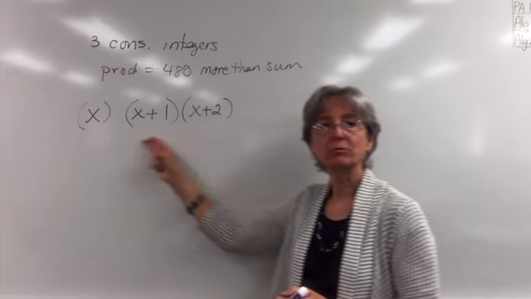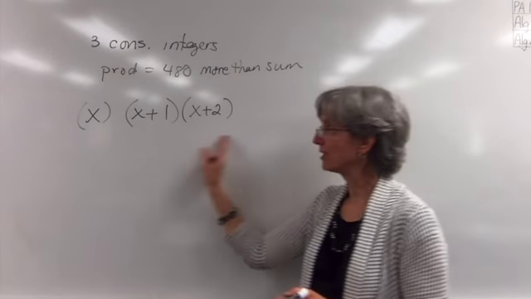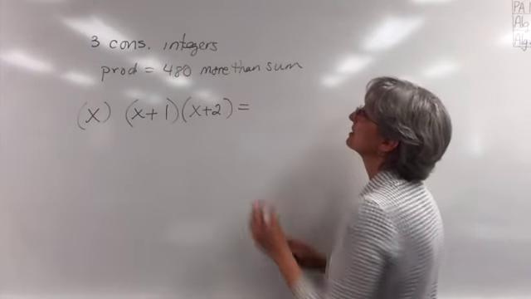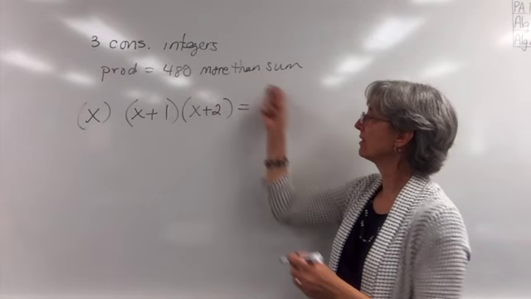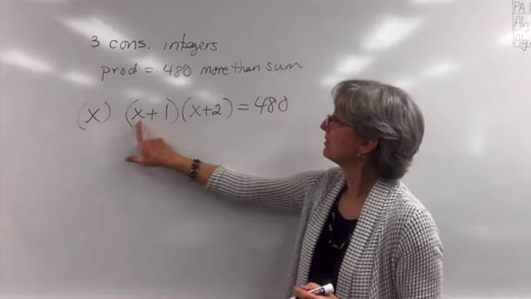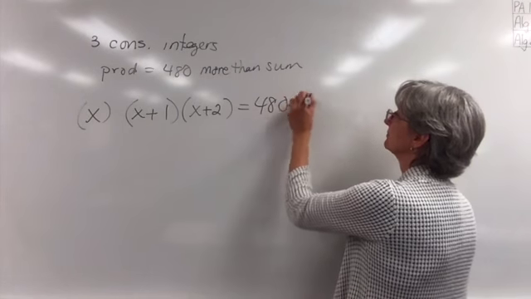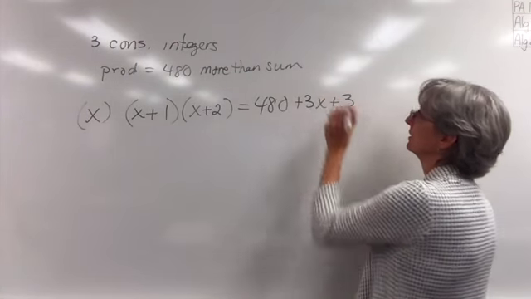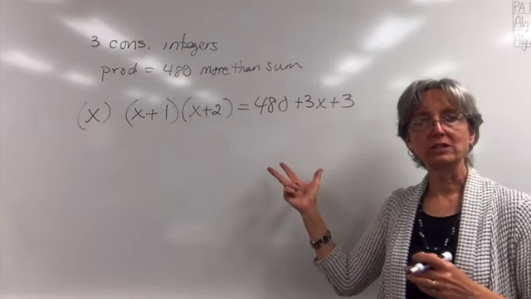This represents their product. Their product is 480 more than their sum, so add 480 to their sum, and their sum is 3x plus 3. That's how we'd set up our equation.